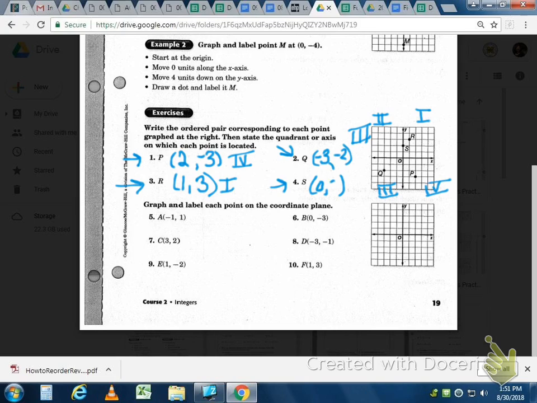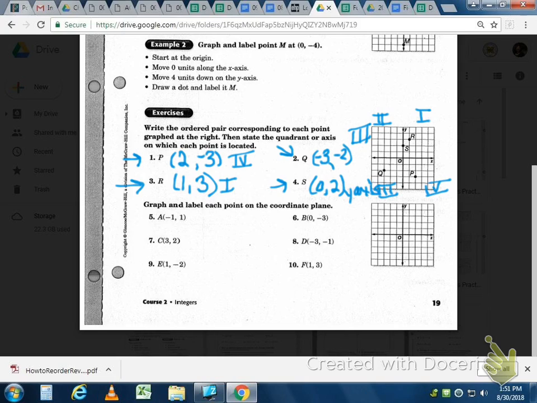Up 2. Now, is point S in one of those 4 sections? No, it's in between quadrant 1 and 2. Okay, and what is it lying on that's really significant? It is on the y-axis. So you actually say y-axis, okay? Good job. All right, any questions about that?